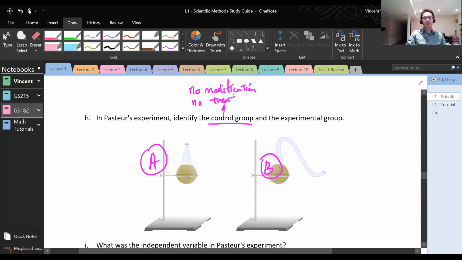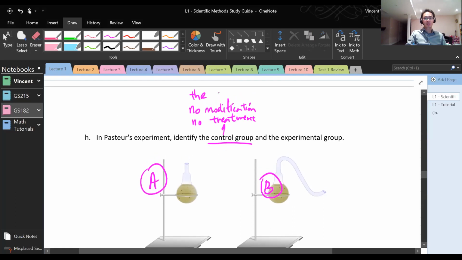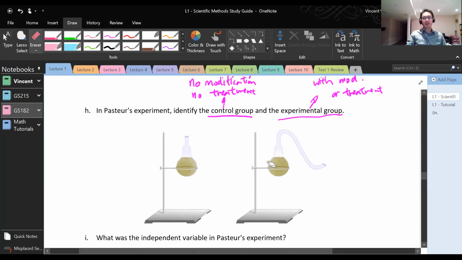No treatment. Okay, in other words, the default. Okay, that's the control. The experimental group is the one that has the modification or treatment. Something has been done to it. Okay, so in this case, the flask with no special neck, that is the control. Okay, and this is the experimental group. Okay.